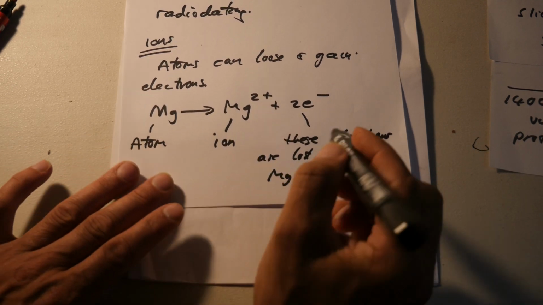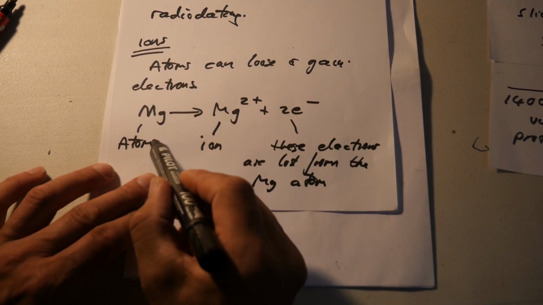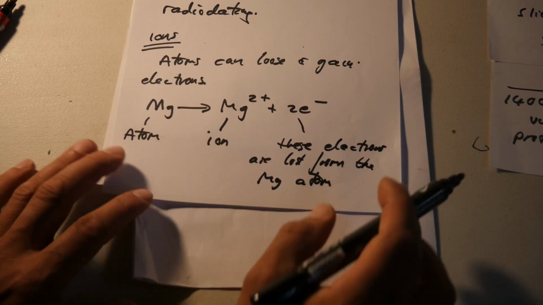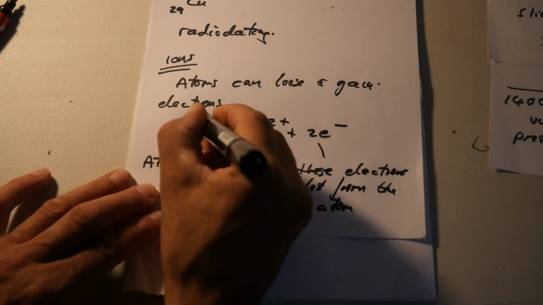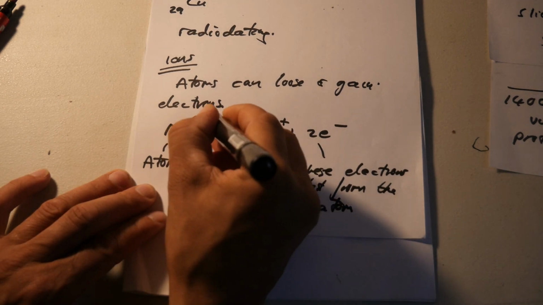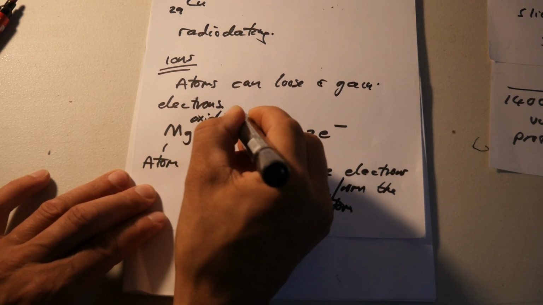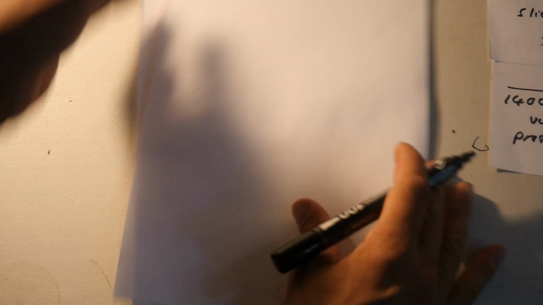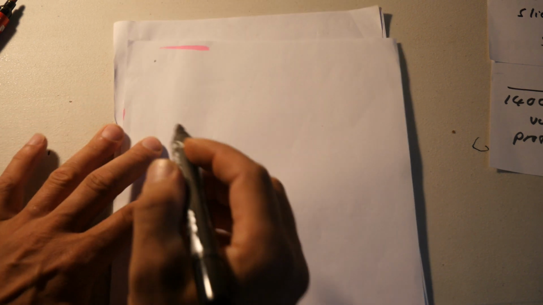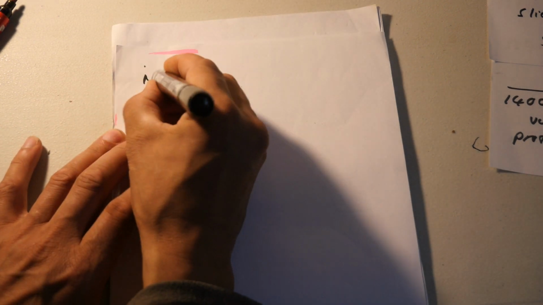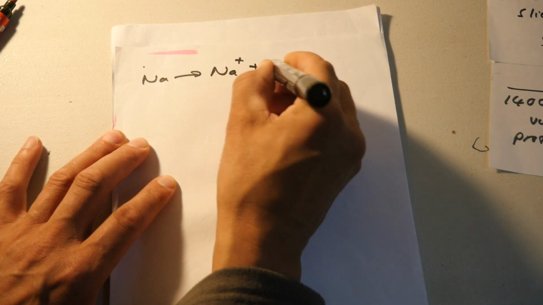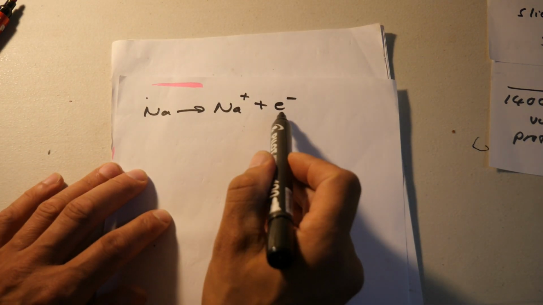This is the ion, and these are 2 electrons which have been lost from the atom, okay? And this is an example of oxidation, okay? This is actually oxidation. Okay, so that's one example of ions forming. Or you could have sodium, okay, again, electron has been lost.